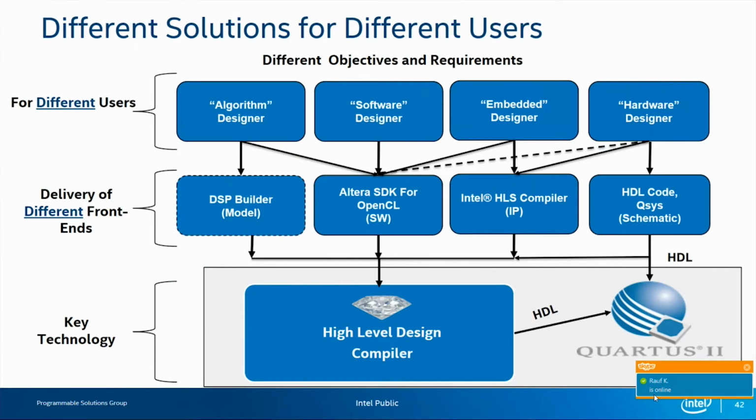And when you think about which software tool or high-level tool fits which type of user, we have a variety of options. For algorithm designers, we see Simulink and MATLAB being relevant in several institutions. We have OpenCL being relevant in several institutions. For software designers, who are basically targeting just the FPGA as a platform, OpenCL is the best way forward.